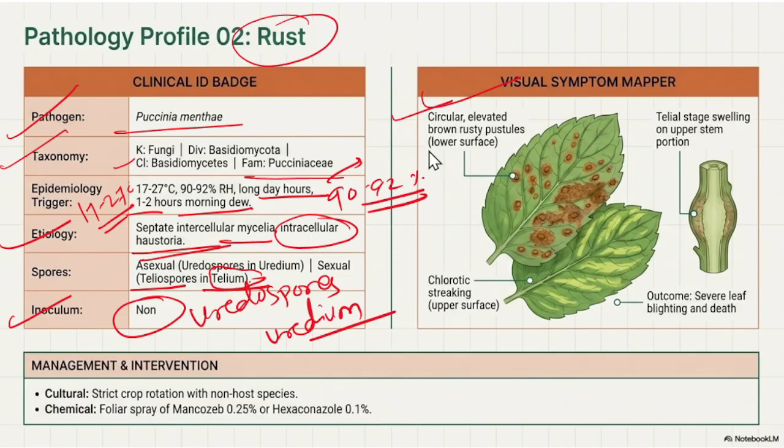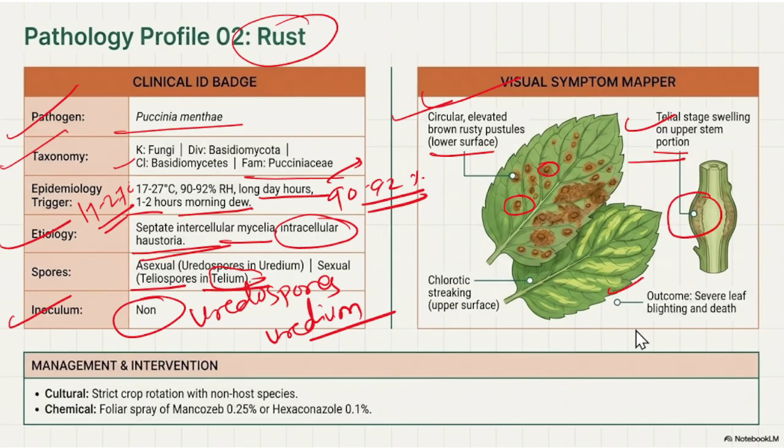Circular brown rusty pustules on the lower surface of the leaves. See here, the brown or rusty pustules on the lower surface of the leaf. Then telial stages: swelling on the upper stem portion, just like swelling of this portion.